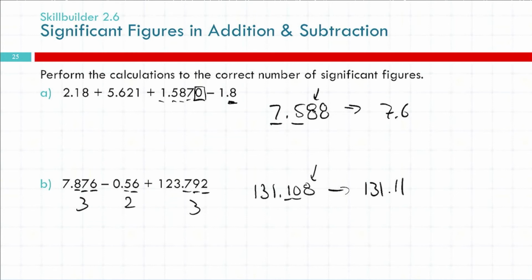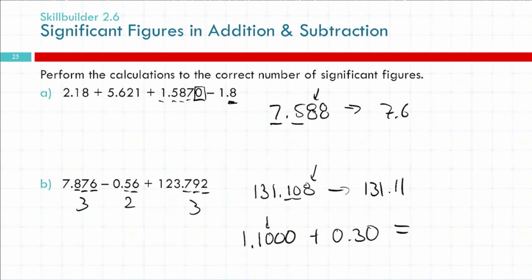So if we had, for example, 1.1000 plus 0.30. This is what I mean by significant decimal places, right?